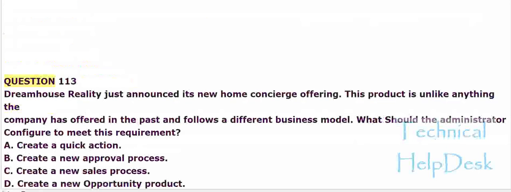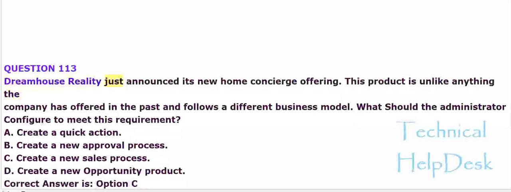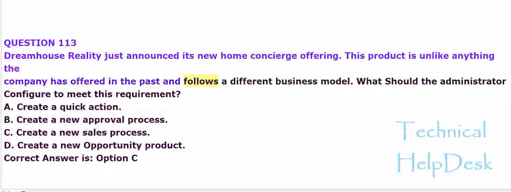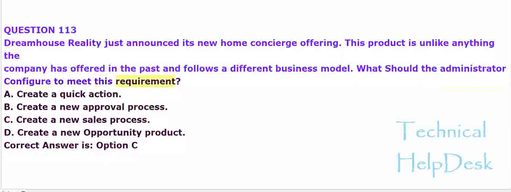Question 113. Dreamhouse Reality just announced its new home concierge offering. This product is unlike anything the company has offered in the past and follows a different business model. What should the administrator configure to meet this requirement?